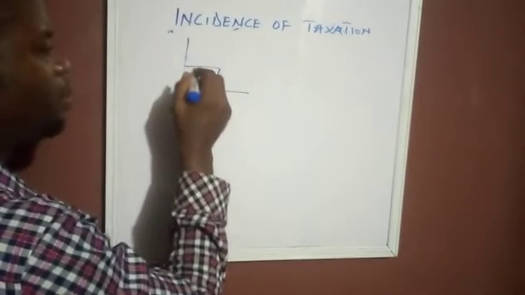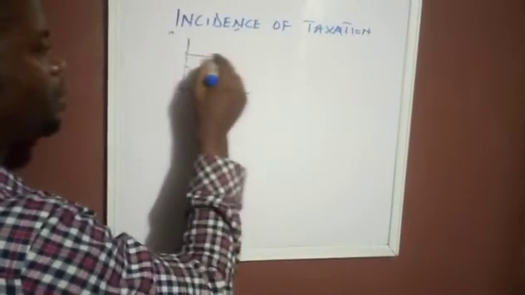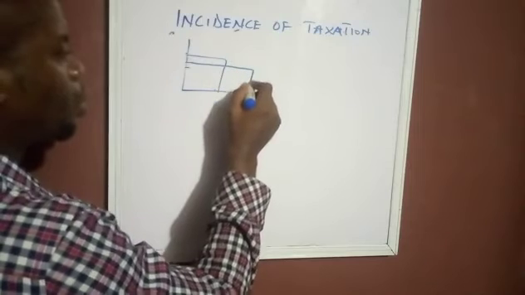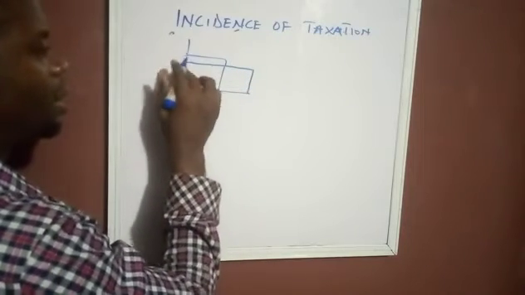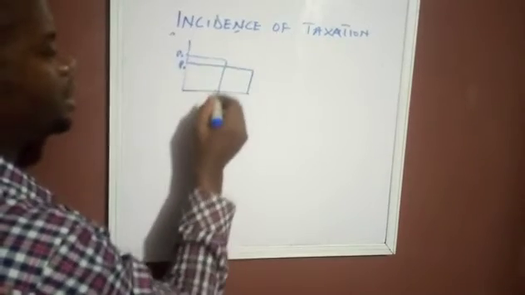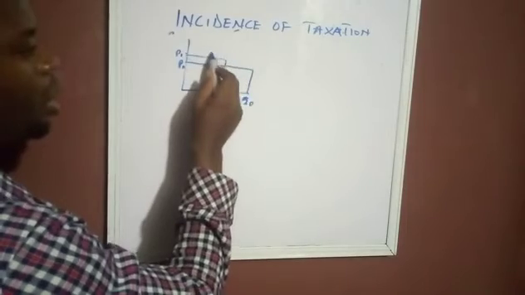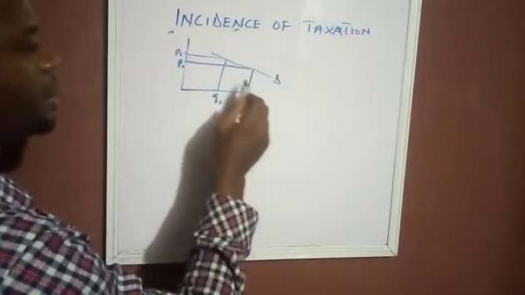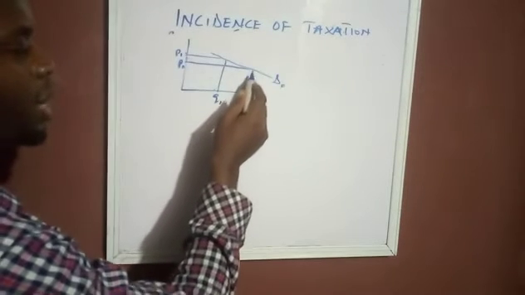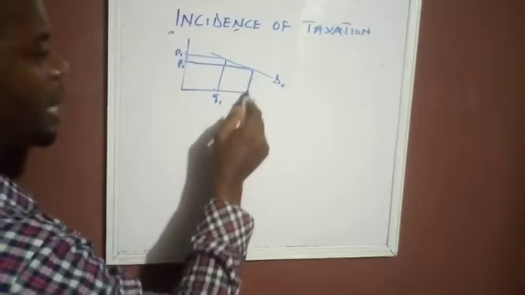You just ensure that you draw the first one so that the space here is not up to that of quantity demanded. So we can say this is P0, P1, then trace it, this is Q1, this is Q0. If you draw the demand curve like this, where do you think your equilibrium E0 will be? Of course it's going to be here, because this is where we have P0 and Q0.